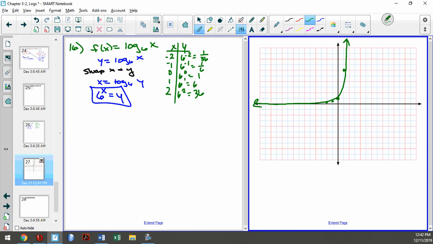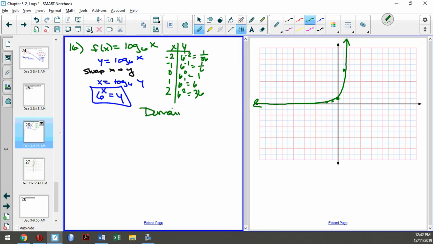Okay, can you tell me about the domain of that function? Domain. It is increasing. You're correct, you're not wrong, it is increasing. So what's my domain? -infinity to +infinity.